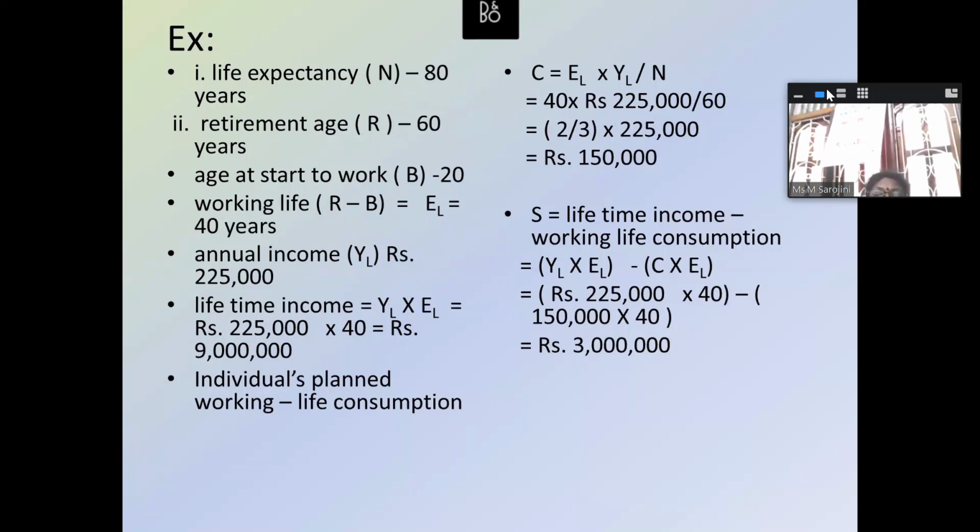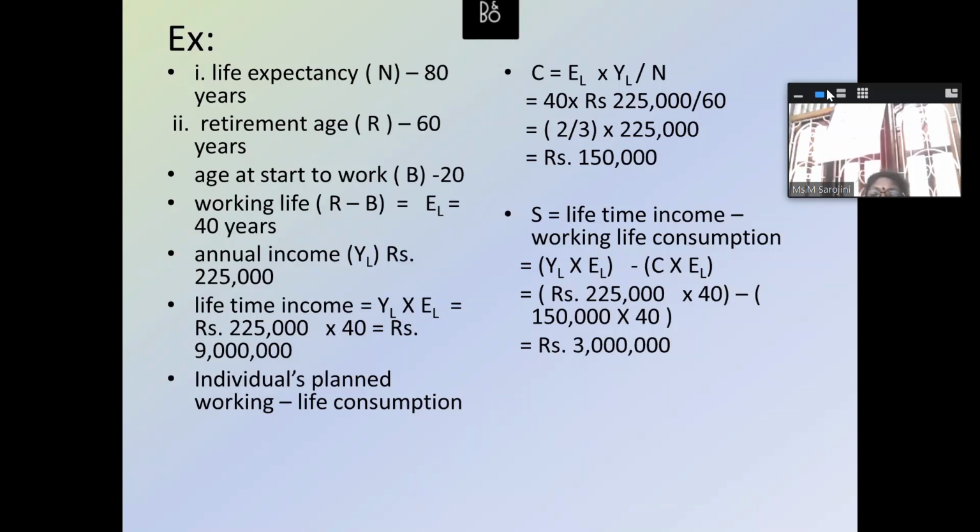Directly you can find the saving like this also. The annual income is 225,000. The annual consumption is equal to how much? 150,000. The balance, 75,000, is the annual saving. The annual saving is 75,000.